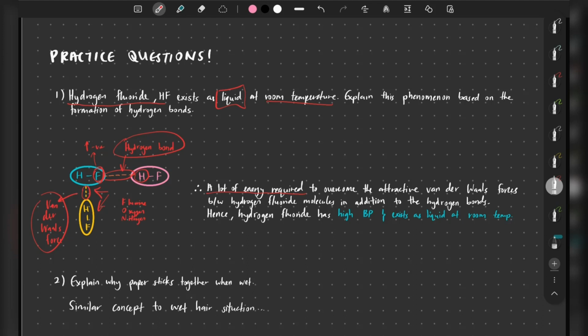Therefore, the more heat energy we need, the higher the boiling point of hydrogen fluoride. And when it has a high boiling point, it exists as a liquid at room temperature because, like I said before, it does not easily vaporize if it has a high boiling point.